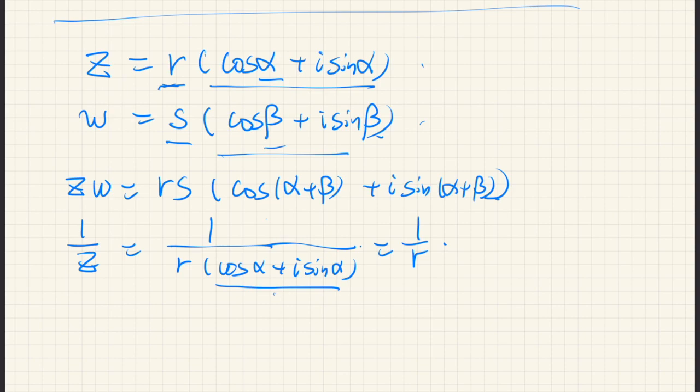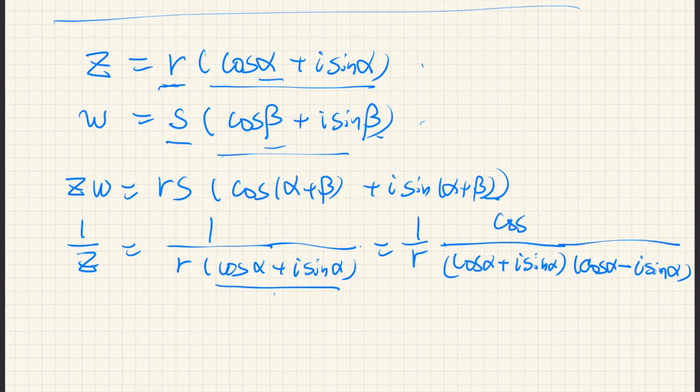Then we have cosine alpha plus I sine alpha times cosine alpha minus I sine alpha. So complex conjugate, cosine alpha minus I sine alpha.